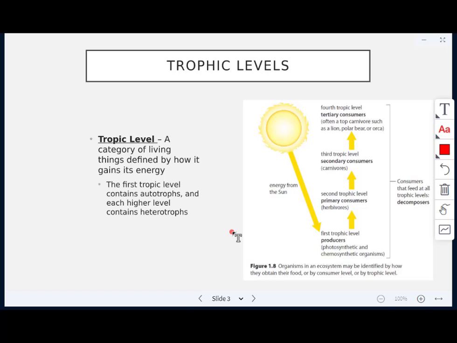So they don't have a predator. They are the top carnivores. And lastly, we have the decomposers. These are the consumers that feed at all trophic levels. So recall that decomposers eat the dead or waste material.